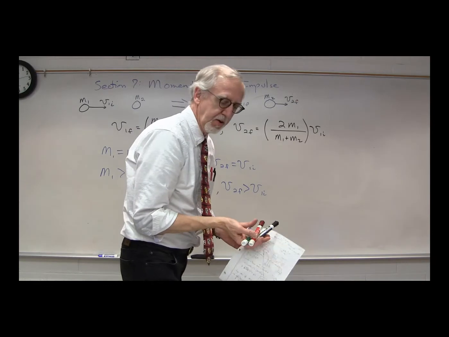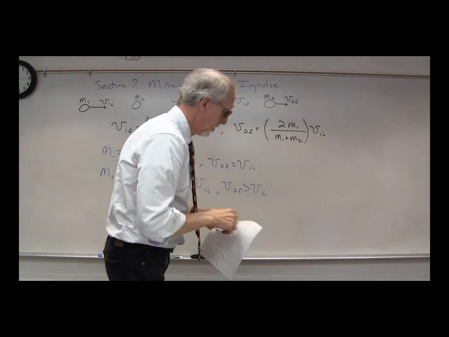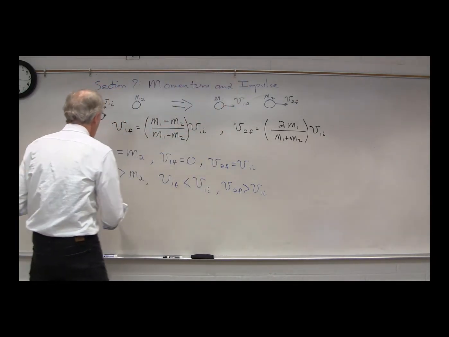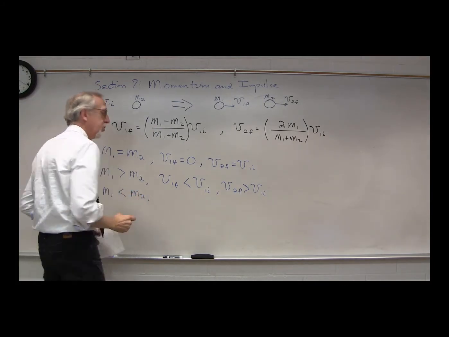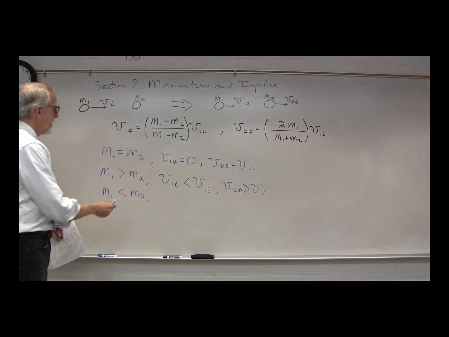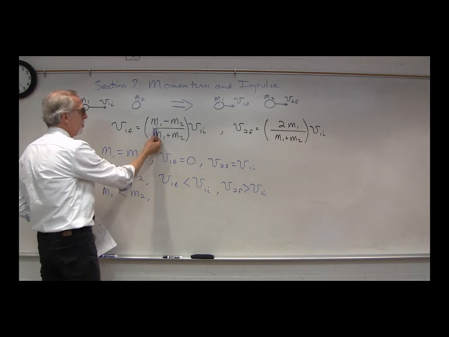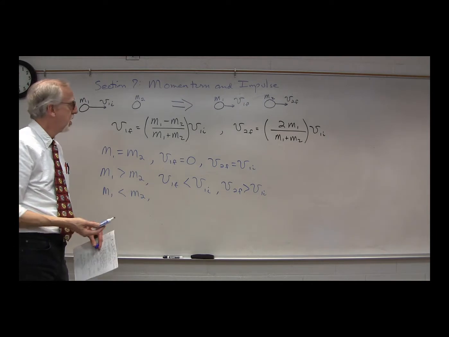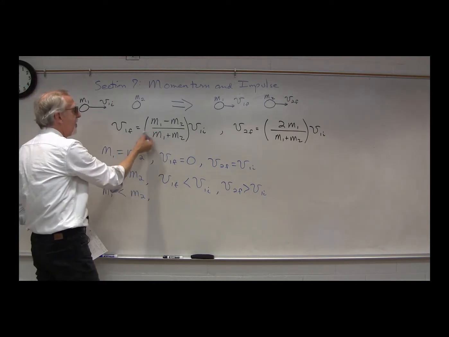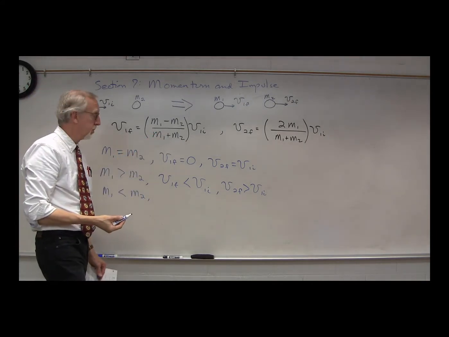Okay, what about the other way around? What if M1 is less than M2? Then what? If M1 is less than M2, M1 minus M2 is negative. And we end up with V1 final being a negative number.